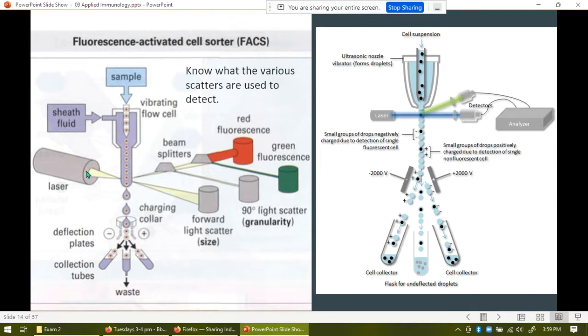And then forward light scatter is going to allow you to indicate the size of the cell. And so this really allows you to look at cells based on a whole bunch of different dimensions that might be relevant to your experiment. But the point overall is to just separate cells based on phenotype into different vials. Okay.